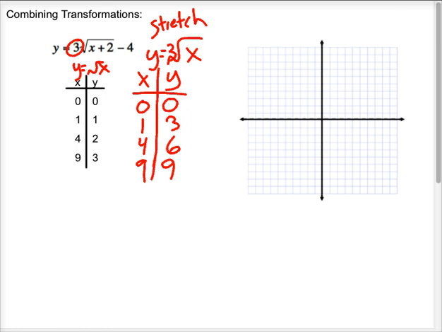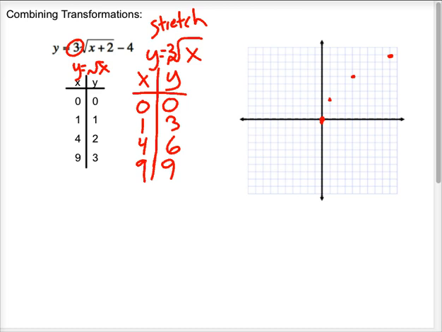So 0, 0, 1, 3, 4, 6, then 9, 9. All right, so there's my graph with the stretch already included in that table.